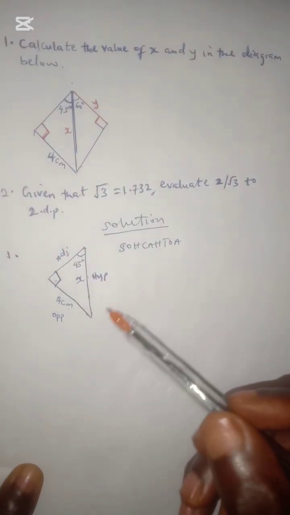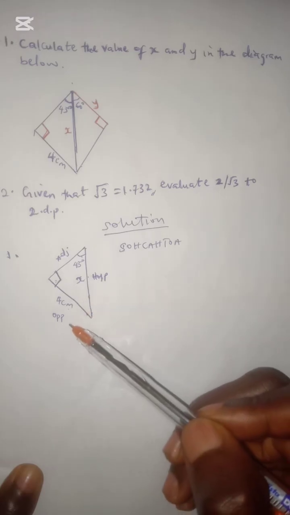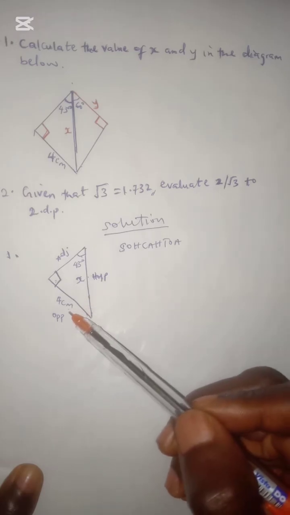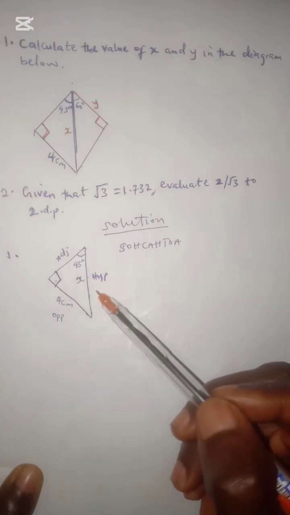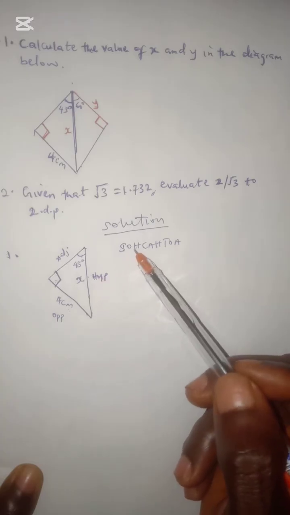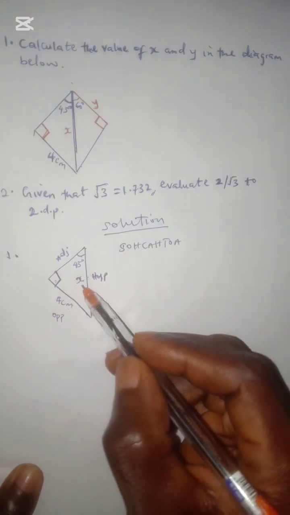Now we are going to look at which relationship we have here. We are working with opposite and hypotenuse. So we can make use of sine to get the value of x.